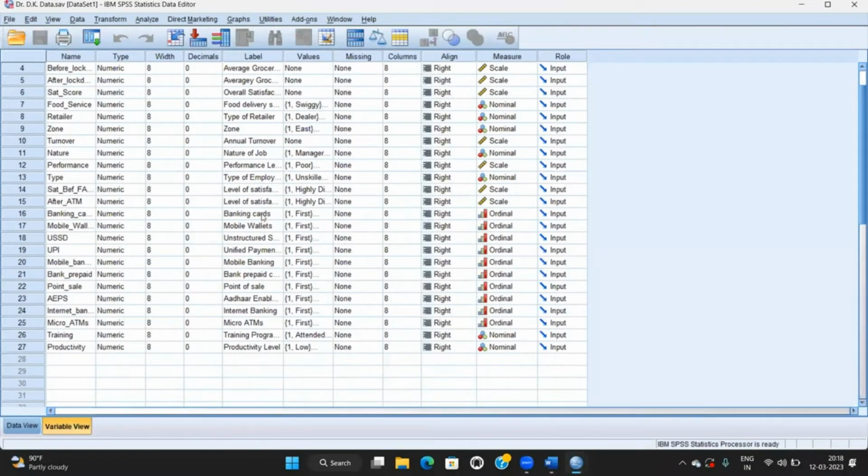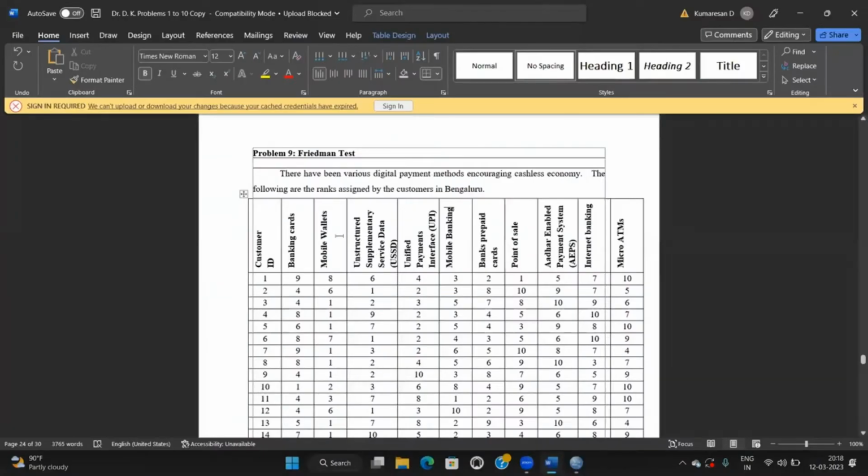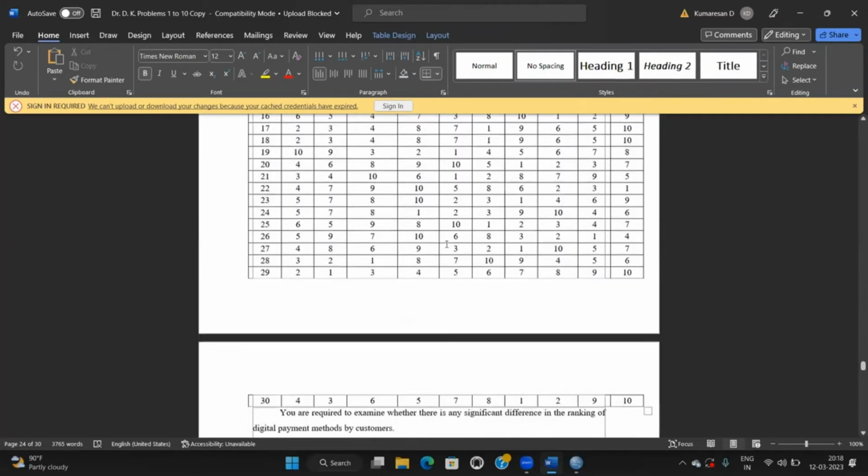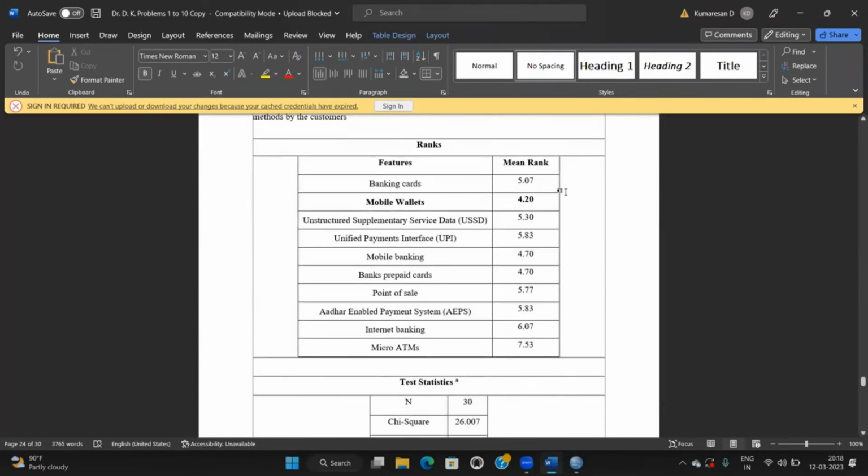Yeah, see here, first one is banking cards, second one is mobile wallets. So you please change the data like this. First one banking cards, second one mobile wallets. Then this one is mobile banking.